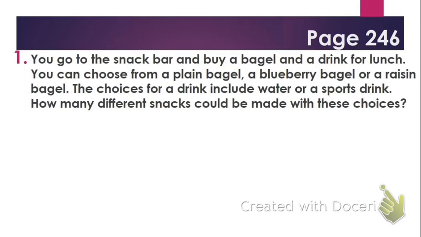You can choose from a plain bagel, a blueberry bagel, or a raisin bagel. The choices for drink include water or a sports drink. How many different snacks could be made with these choices?